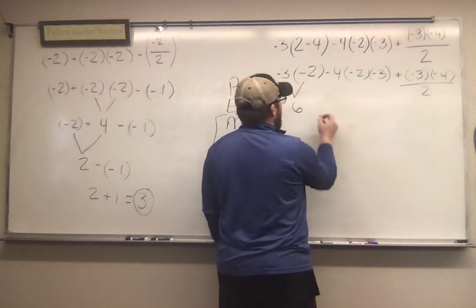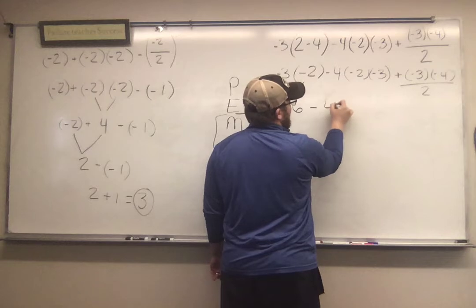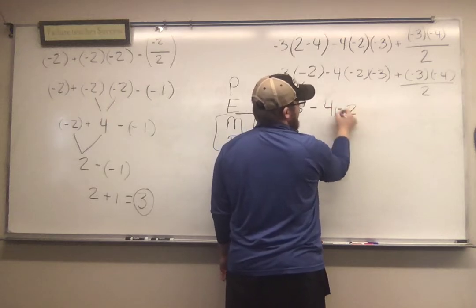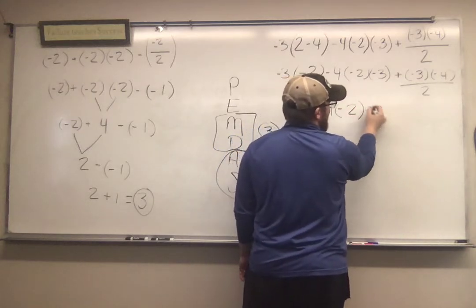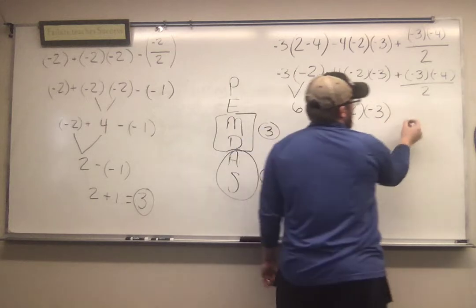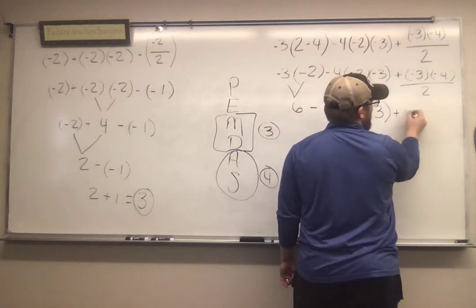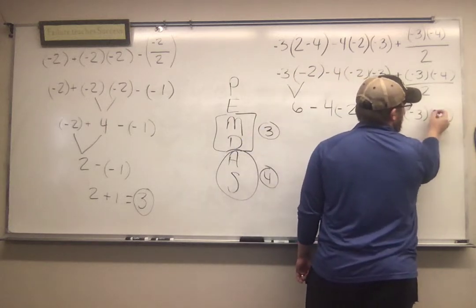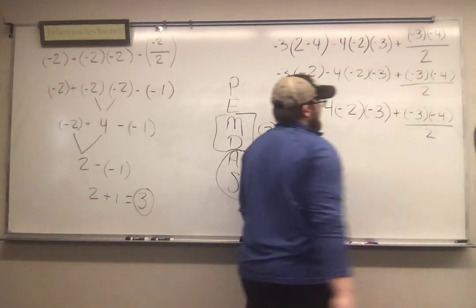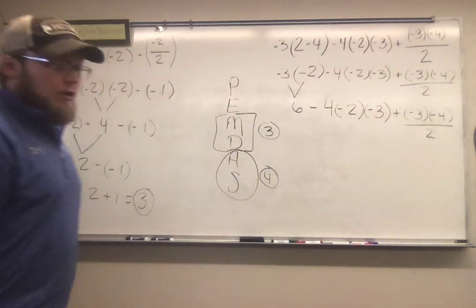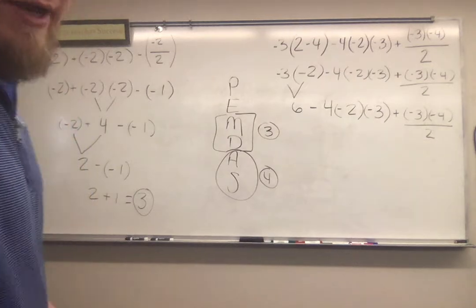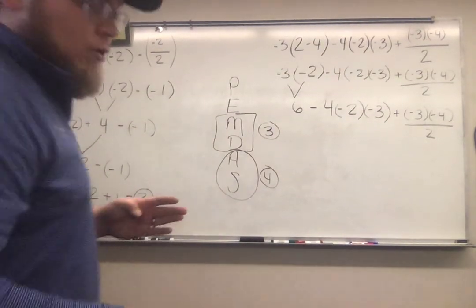Let's just rewrite it again. -4, -2, -3, plus. Again, I just rewrote it all. Now, again, from left to right, that's got to be the order you do it.